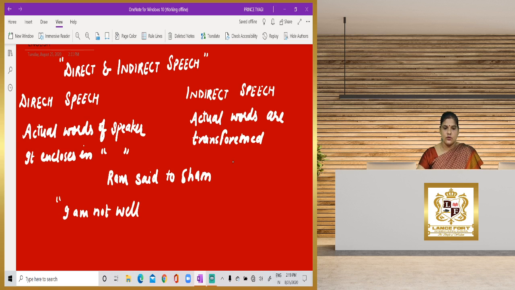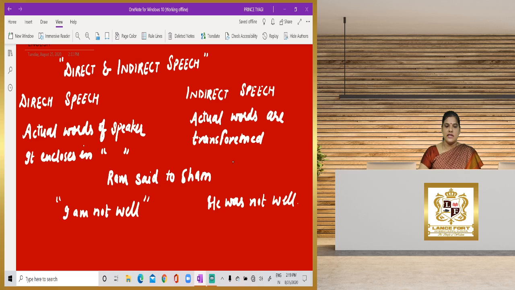Okay, so these are the actual words of Ram. But how did Sham convey this message? He will convey it like this: He was not well.